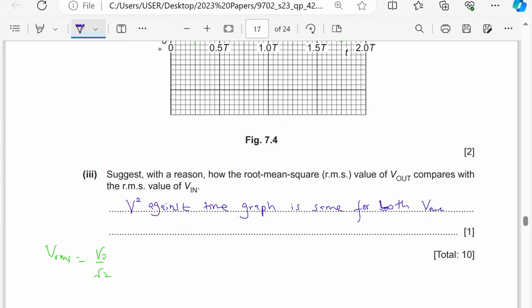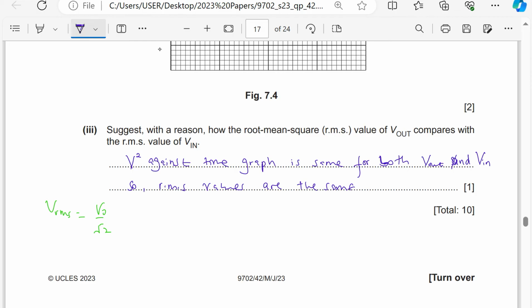V out and V in. So the root mean square values are the same.